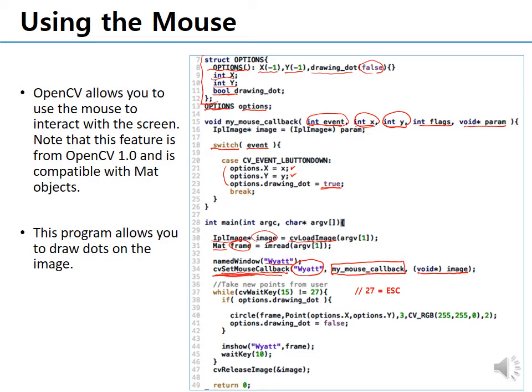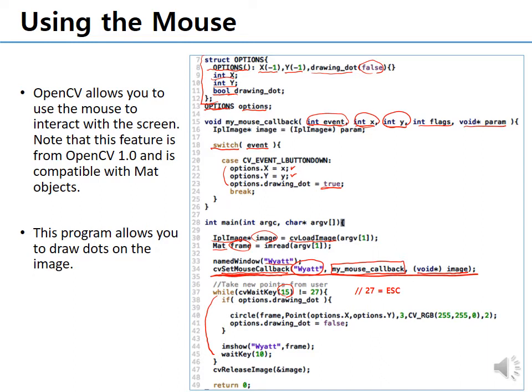After we call cvSetMouseCallback here, they use a while command. cvWaitKey 15 means they wait 15 milliseconds and check the keyboard input.